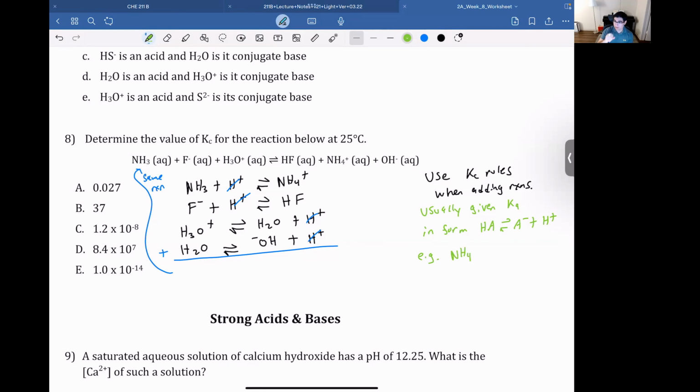You're going to take the reciprocal of the equilibrium constant, just as we did before with all those other equilibrium reactions. Ka is just another equilibrium constant. It's like Kc.